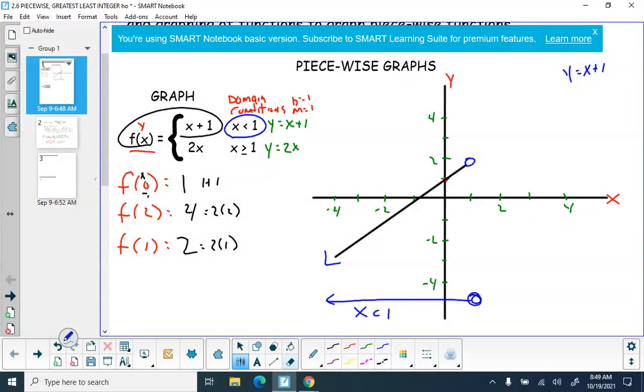If we have y is equal to 2x, we have a y-intercept of 0 and a slope of 2.